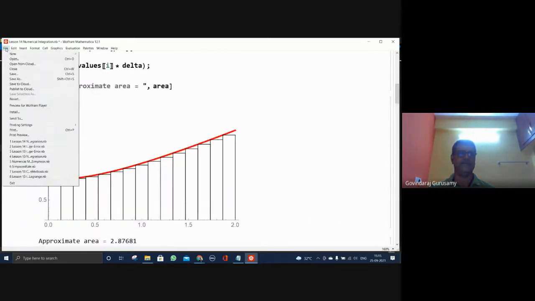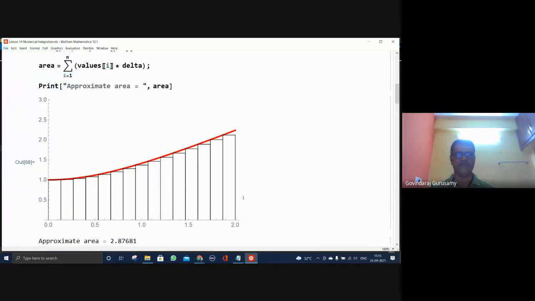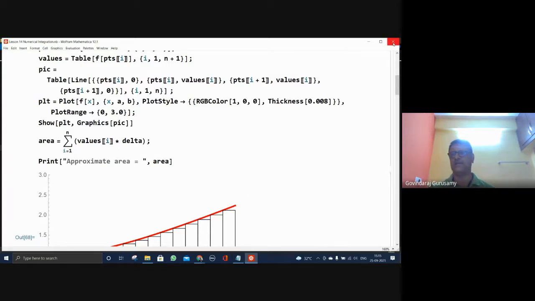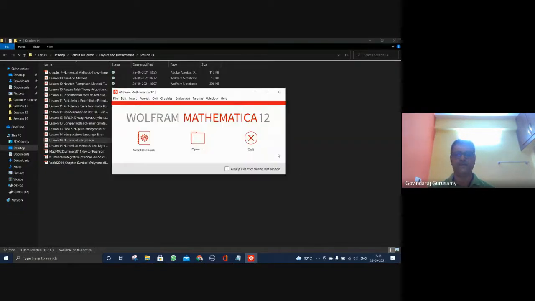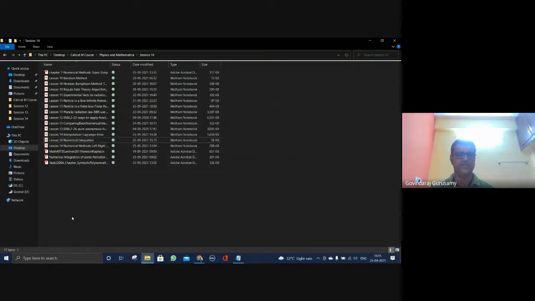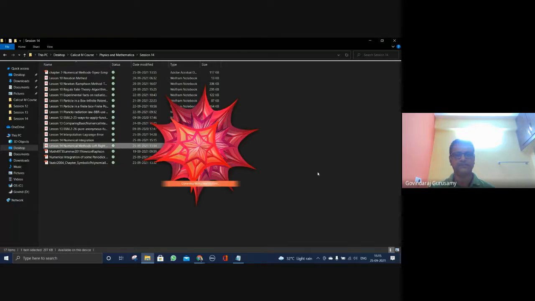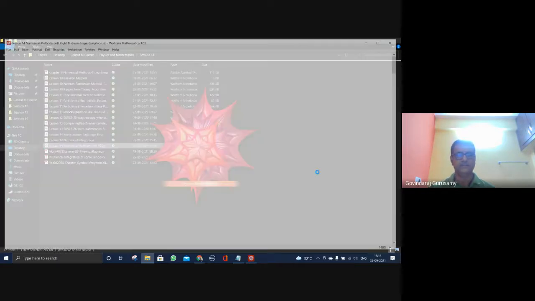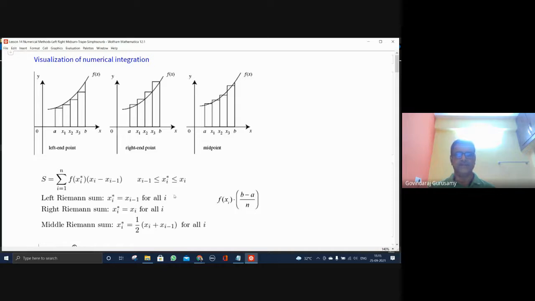So it's fine for us now to start with the mathematical ground behind this: left, right, and see left end point, right end point, or midpoint.